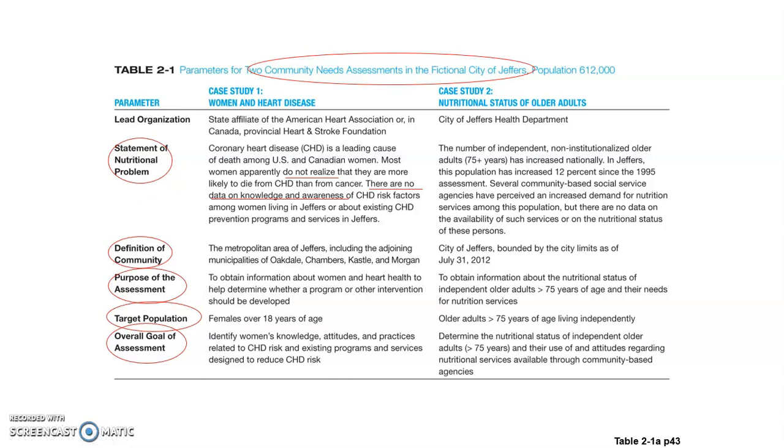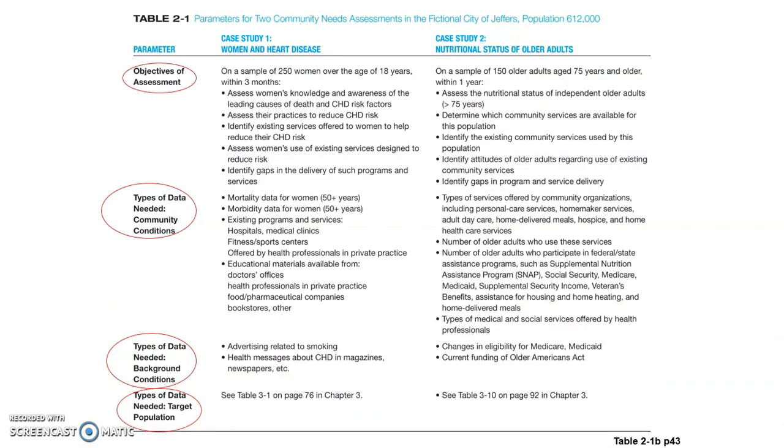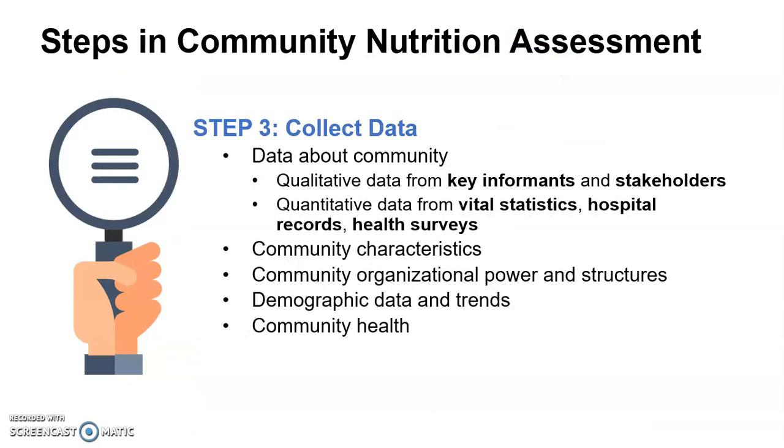Okay, class. So dia ada objective of assessment, types of data needed, background condition, target population. So you can choose which one is related to your project community. Okay, but first thing first is that you need to have objective of assessment in order to implement your community project.